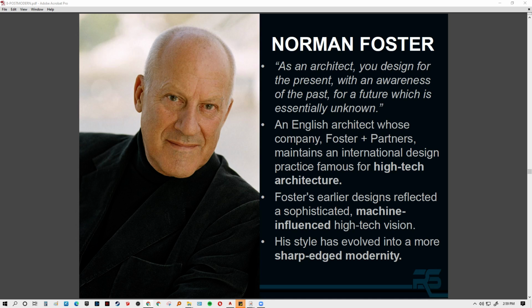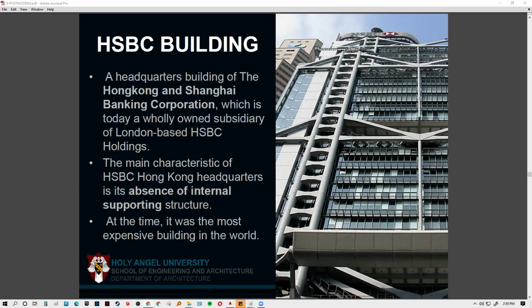He is very known for his innovations and machine influenced design or visions. A good example of his is the HSBC building, the headquarters in Hong Kong of the Hong Kong and Shanghai Banking Corporation, which is a London-based structure.